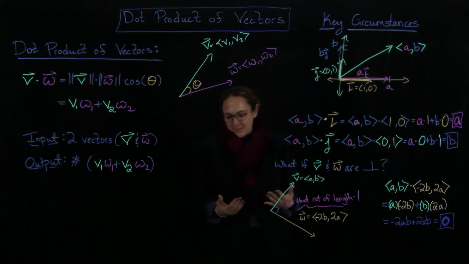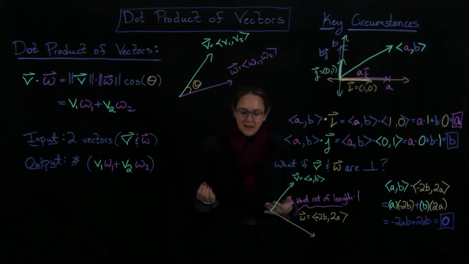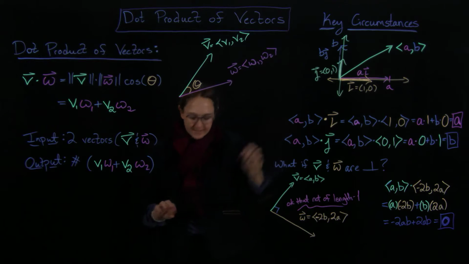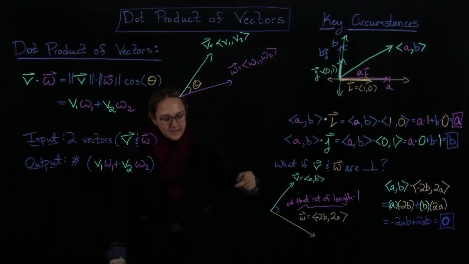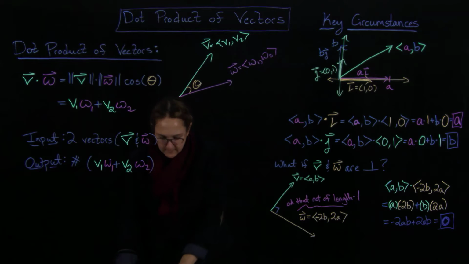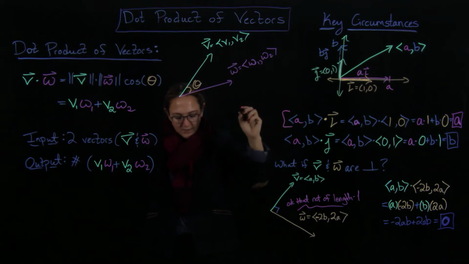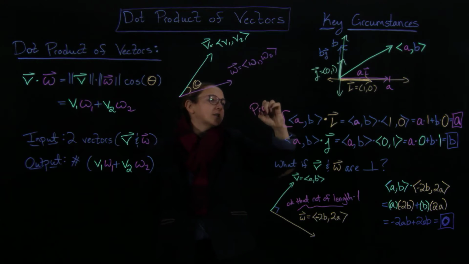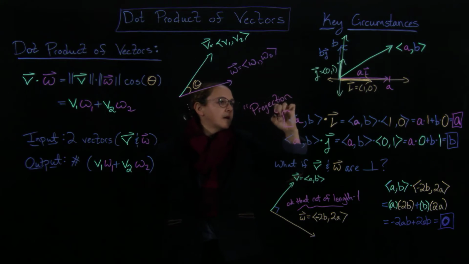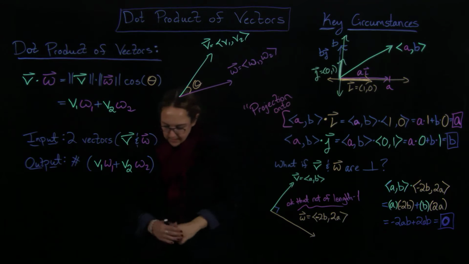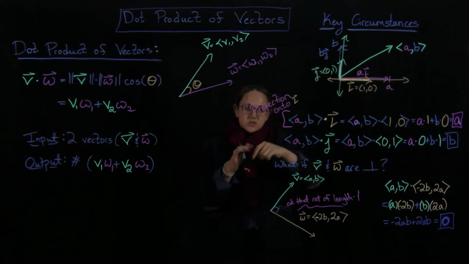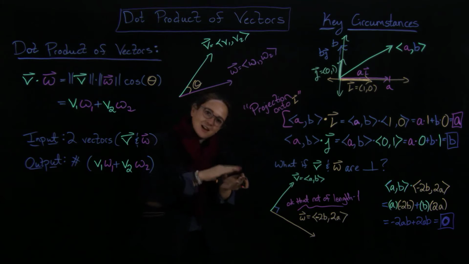Let me give this interpretation: what you can think of this as is projection onto I, or the vector in that direction.